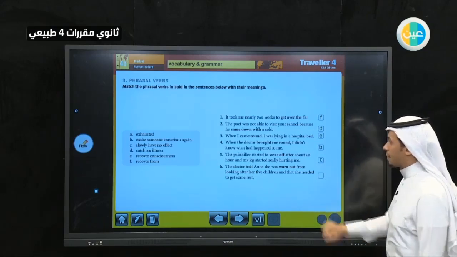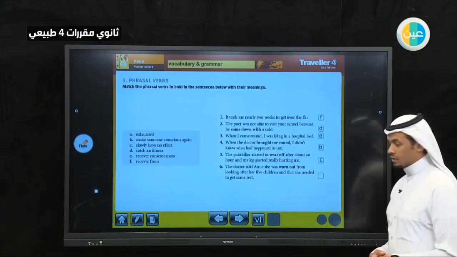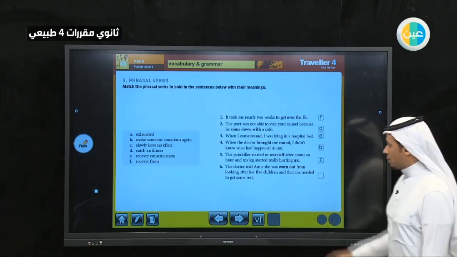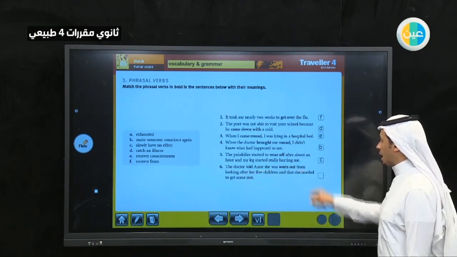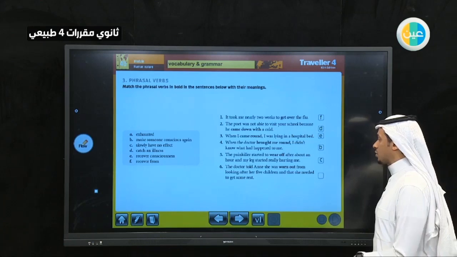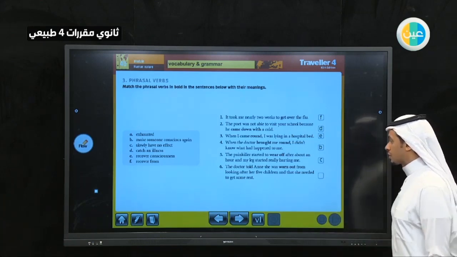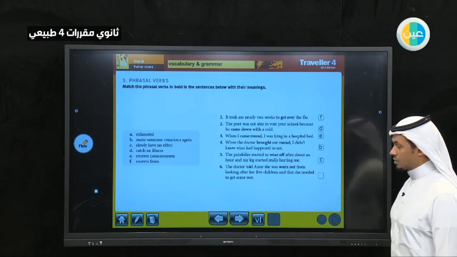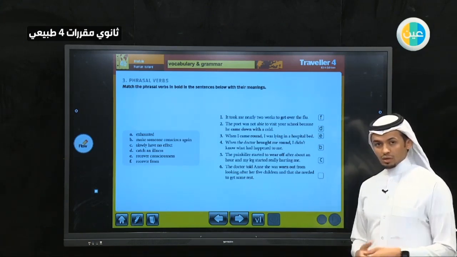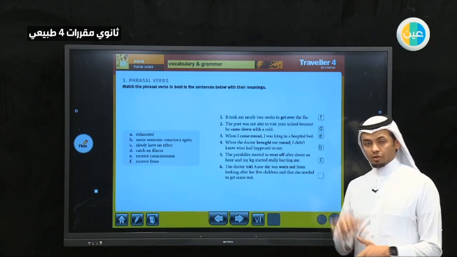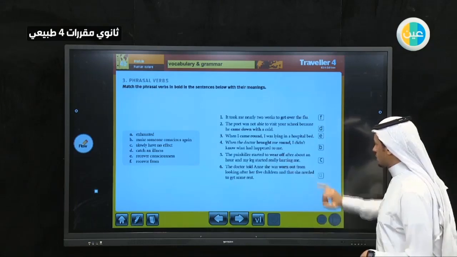And the last one. The doctor told Anne she was worn out from looking after her 5 children and that she needed to get some rest. She's tired from looking after those 5 kids, which means she is exhausted.